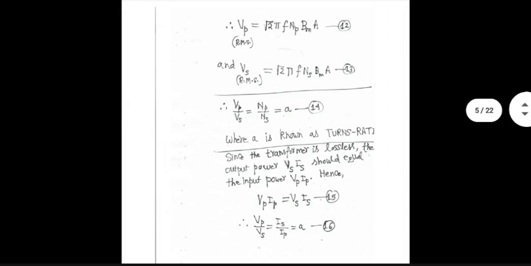So the other equation that comes out is Vp divided by Vs equal to Is divided by Ip. And that is, of course, small a.